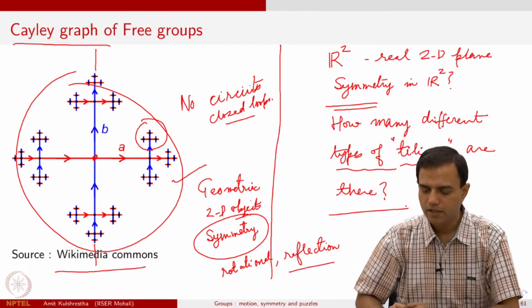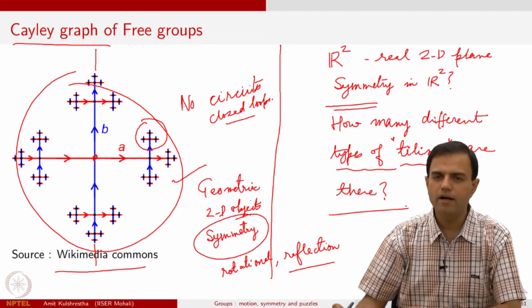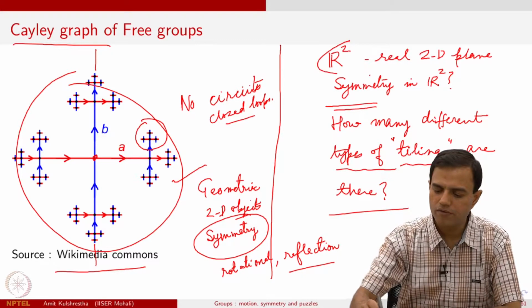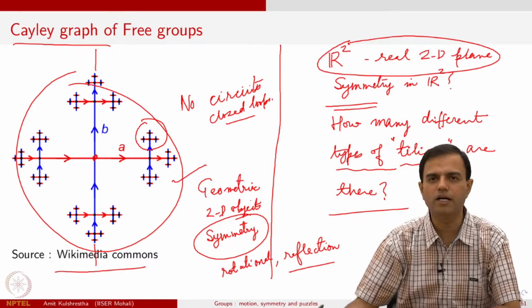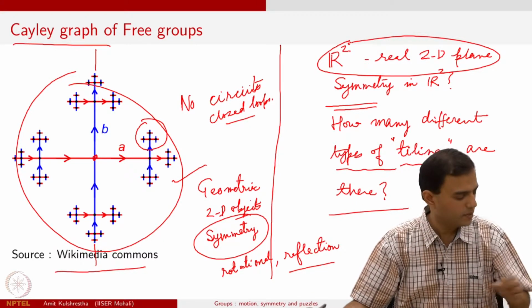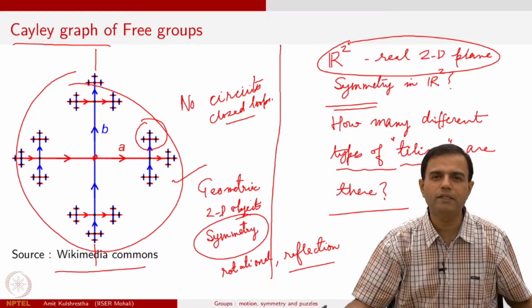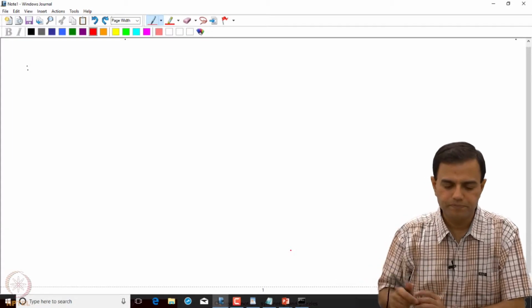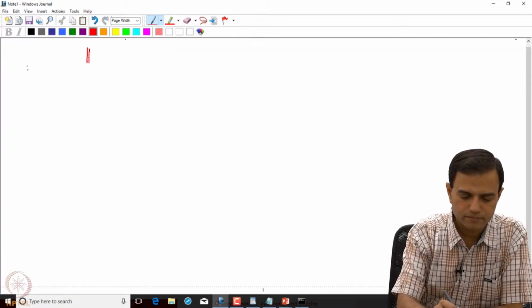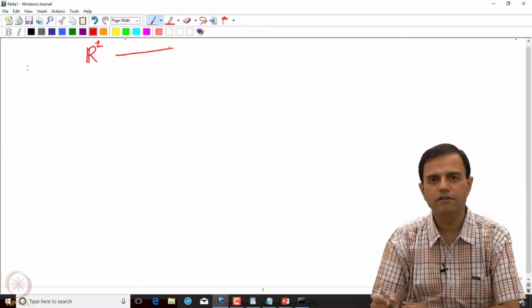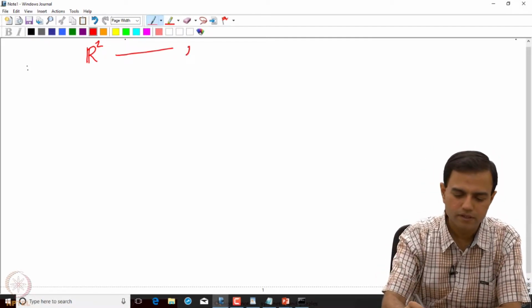Interesting question. Before I answer all these questions, let me just talk of certain symmetries in R2. In fact, I will mention all types of symmetries in R2, and as you can guess, there are infinitely many symmetries. Let me first define certain types of symmetries.